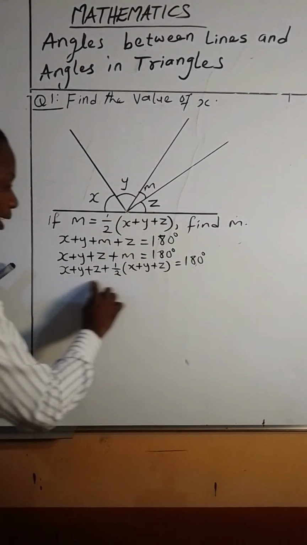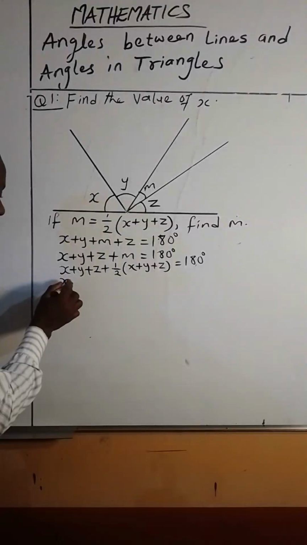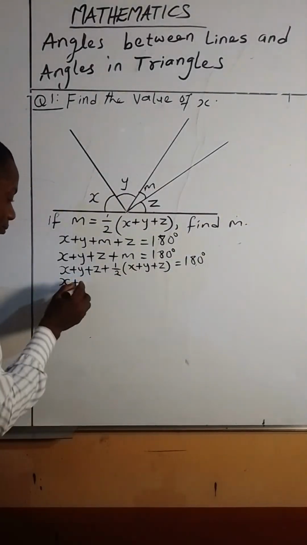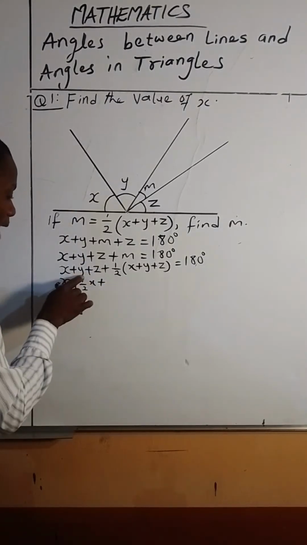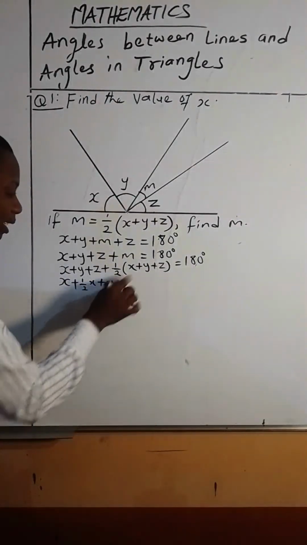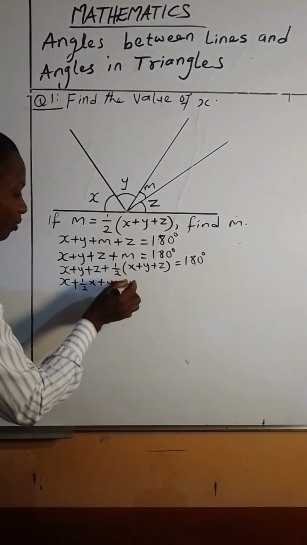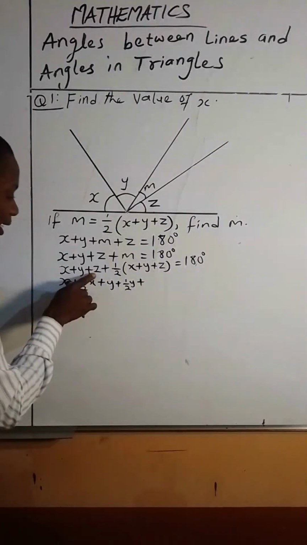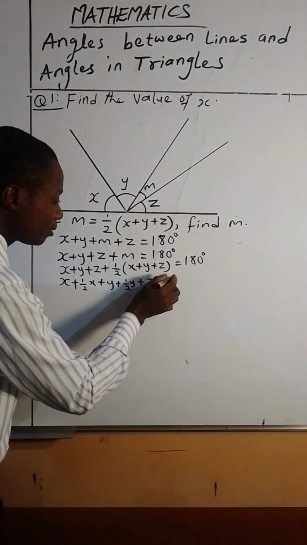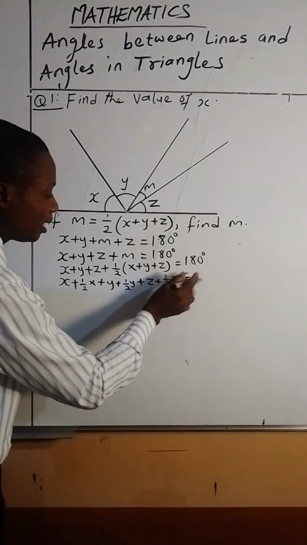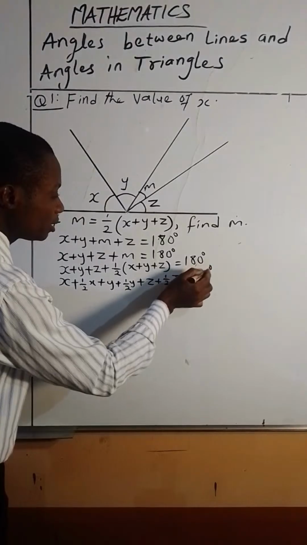If we do that, it means we are going to have x plus half of x, then y plus half of y, then z plus half of z, then everything is equal to 180 degrees.